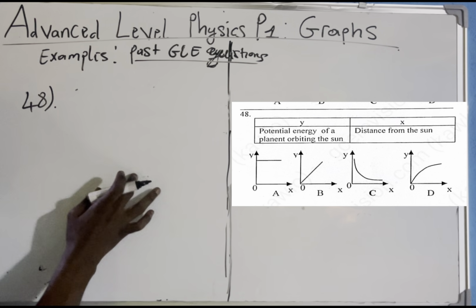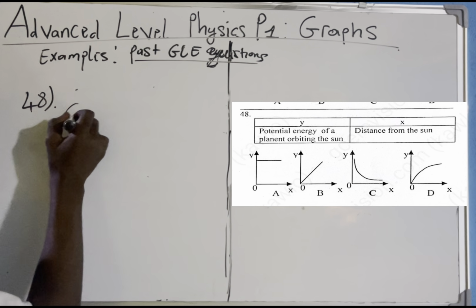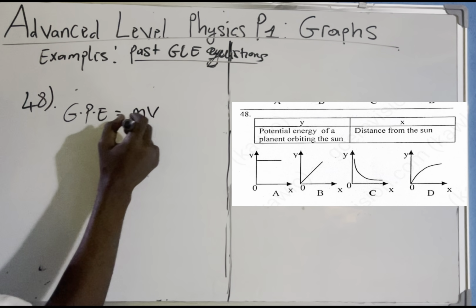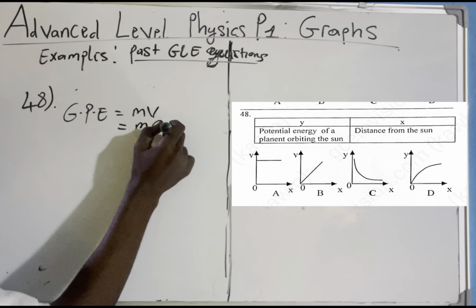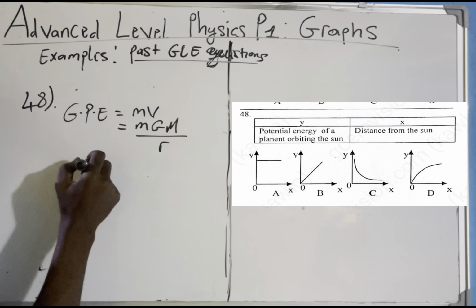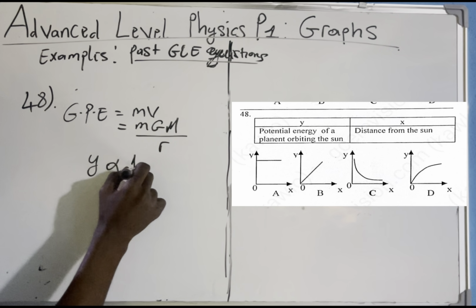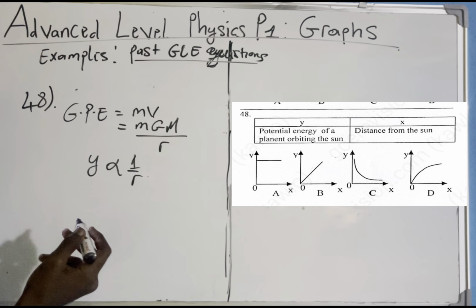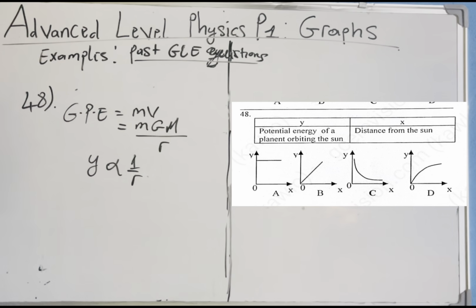We all know that gravitational potential energy is equal to mV, where V is the potential, so GMm over r. So this is the equation of the form y equals k over x. So y is inversely proportional to r. That should be simply a curve.